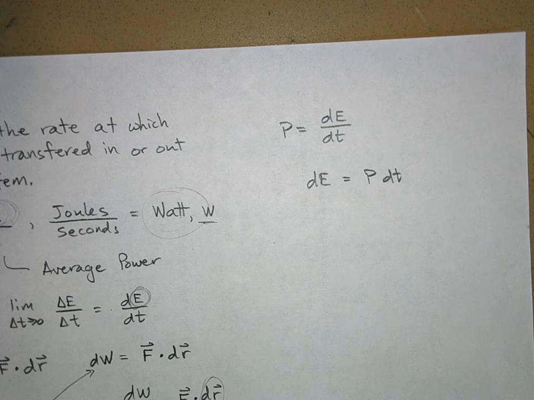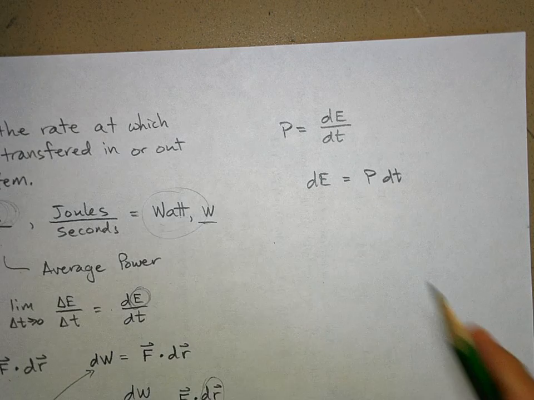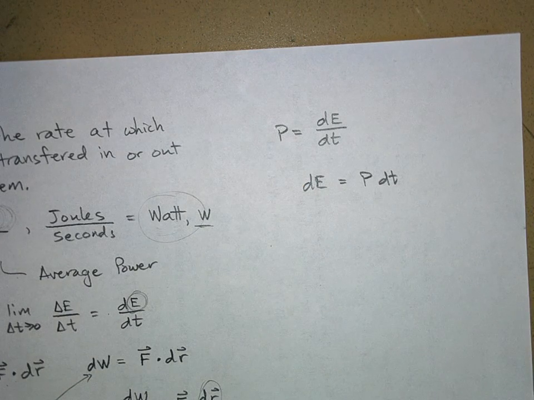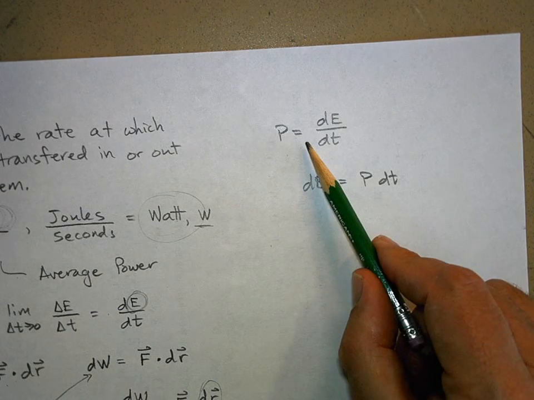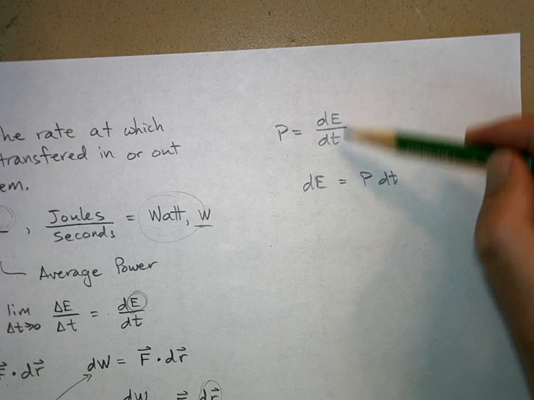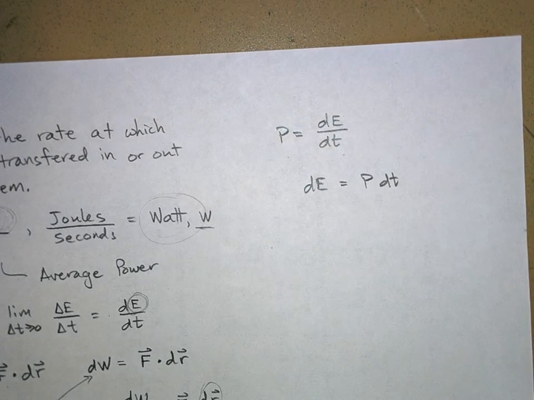Now, by the way, notice how I am saying these equations out loud. I don't say P equals dE dt. Well, sometimes I do, but I try to say power equals the change in energy over the change in time. I try to say what the quantities are.